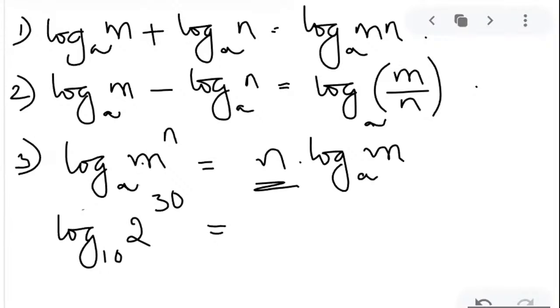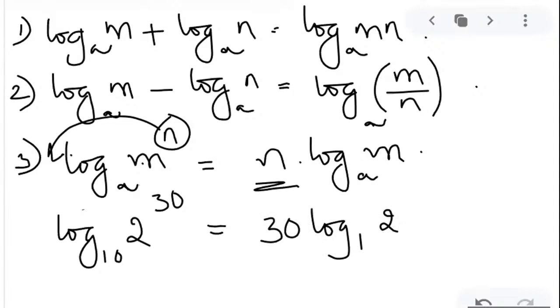Your n comes before the logarithm. It becomes 30 log 2 to the base 10. My base is not changing at all. So this is 30 into log 2 to the base 10.